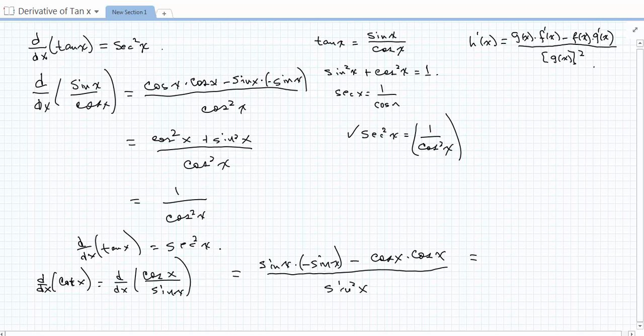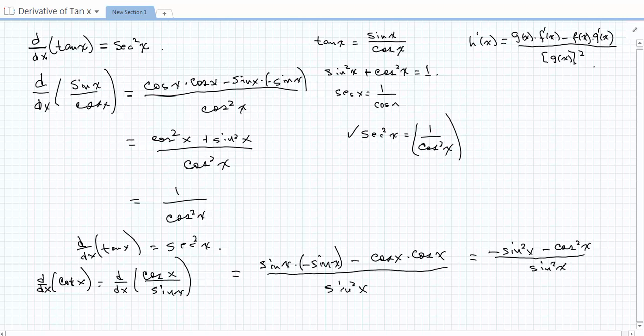Now, if you can see here, we can simplify this a little bit. This becomes minus the sine square of x minus the cosine square of x over sine square of x.